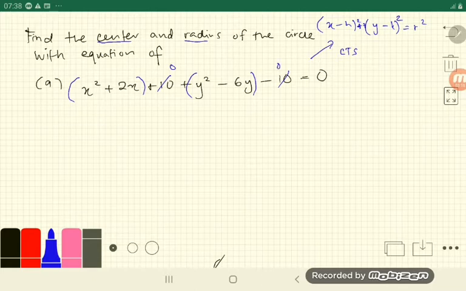So here we write again x squared plus 2x, so here is one group, and then we add another group, which is y squared minus 6y equals 0.